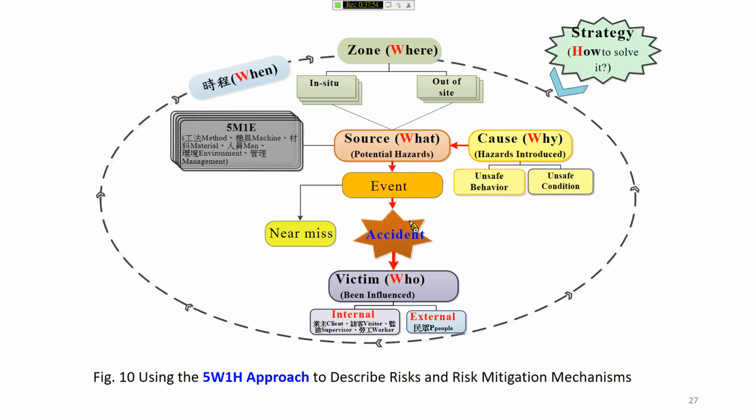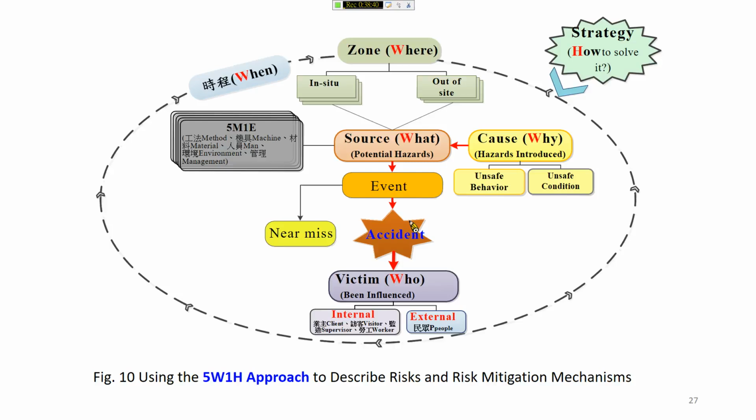There's a figure to apply 5M1E: where, what, why, how, and who. When a hazard occurs, what is the source of the hazard, which means what caused the hazard? A hazard related to unsafe behavior. What kind of unsafe behavior or unsafe condition? What type of unsafe condition will be related? And then, where will the hazard occur?